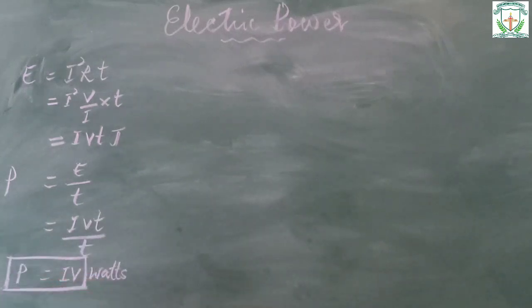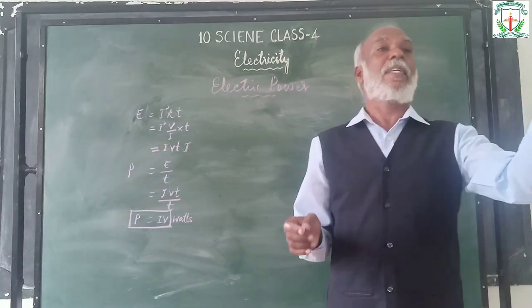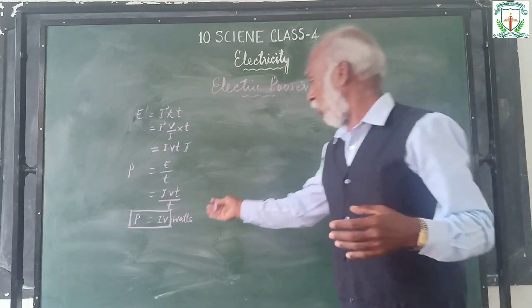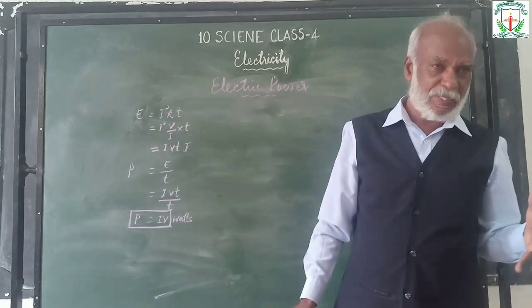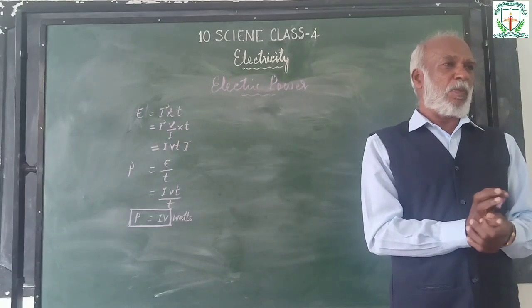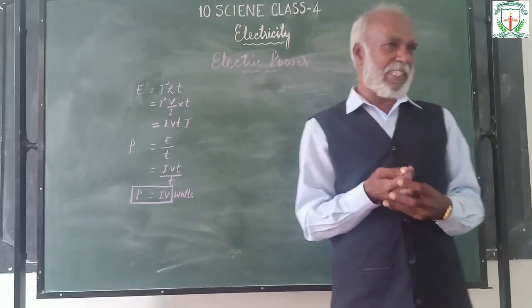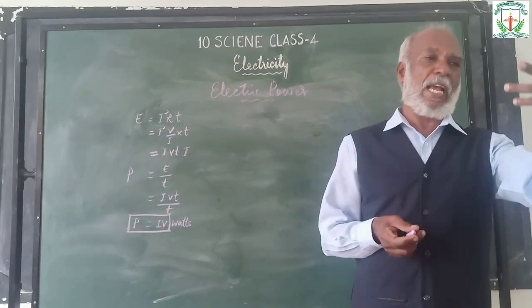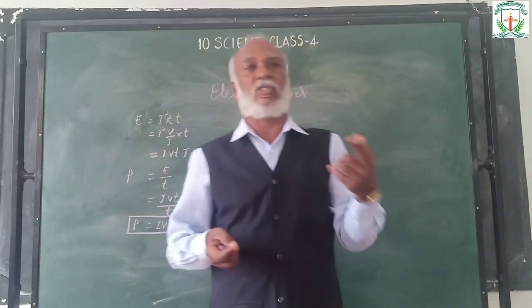The unit watts is selected as a respect to a great scientist. Can anyone tell me from where this watts comes? Yes, James Watt. What is his major contribution? He is the first person to devise a steam engine in the 16th century, which paved the foundation for the industrial revolution.